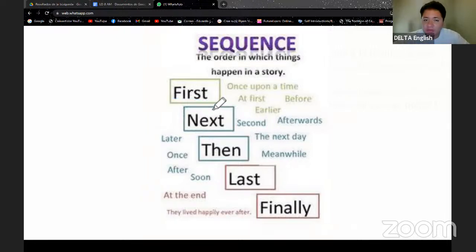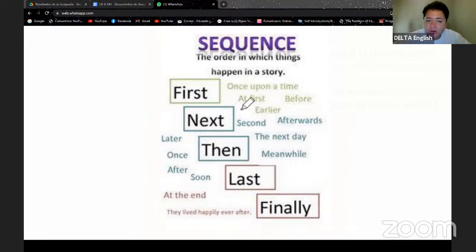You can use some adverbs to start a story. So first or first of all, right? So what is that? First of all. So it's like primero, primeramente, antes que nada, o que dicen que ahora es antes que todo, but it's first of all, right? So you can use these expressions.